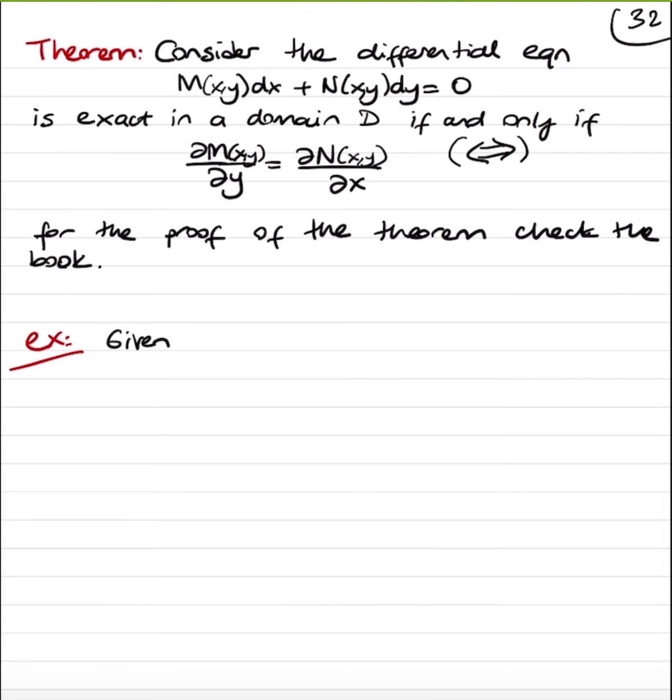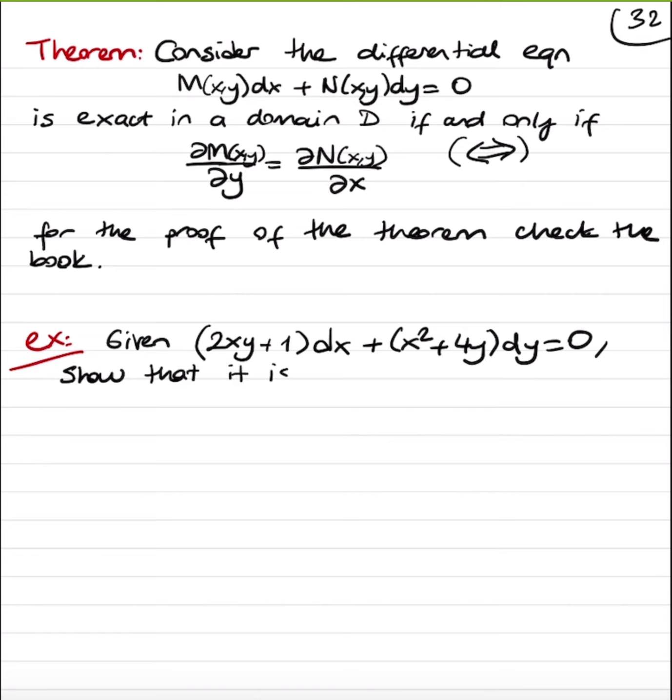Given this differential equation, let's start with an easy one: (2xy plus 1) dx plus (x squared plus 4y) dy is equal to 0. Given this differential equation, show that it is exact, and then solve the differential equation.